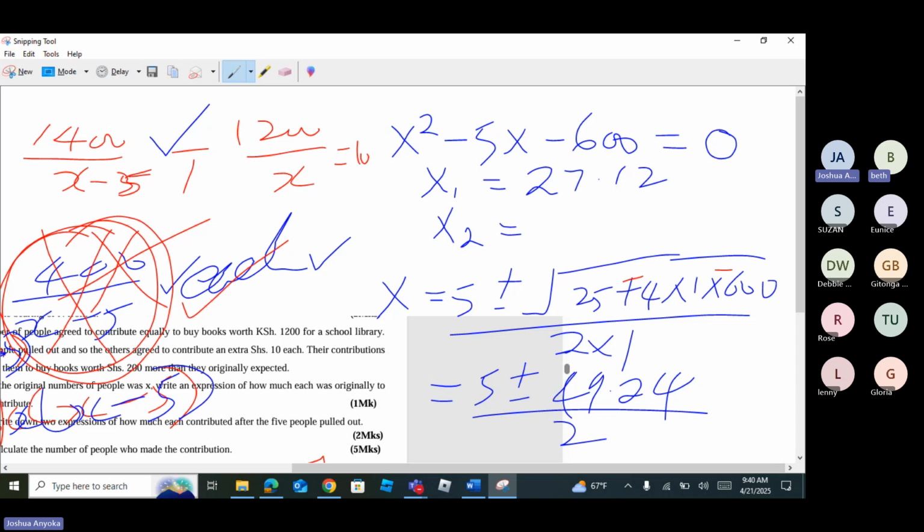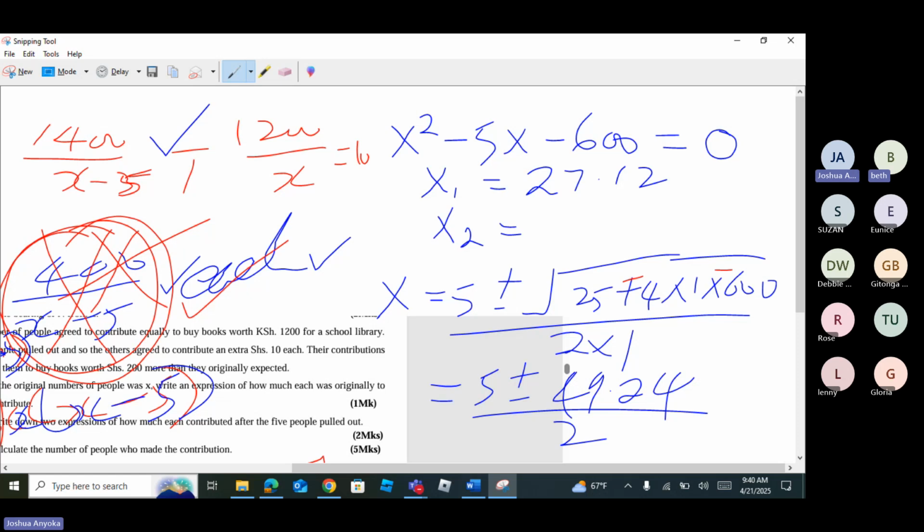So negative times negative is positive. So that's why we did not include the negatives. The 5 is negative there, because it is minus b.